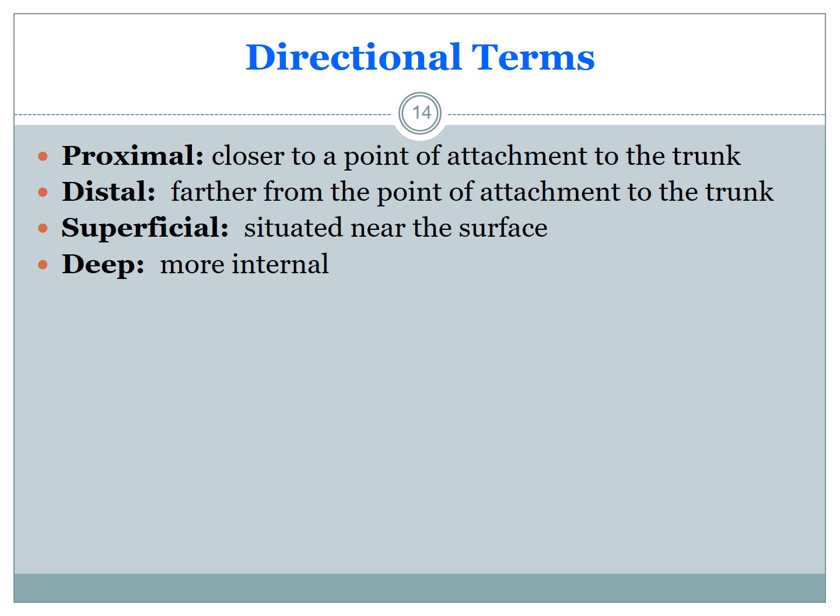Proximal means closer to the point of attachment to the trunk. So you could say your elbow is proximal to your hand. That means your elbow is closer to the trunk than your hand. Distal means further from the point of attachment to your trunk. You could say your toes are the most distal structure of your legs. Superficial means situated near the surface. So you could say that your ribs are superficial to your heart, where deep means more internal.